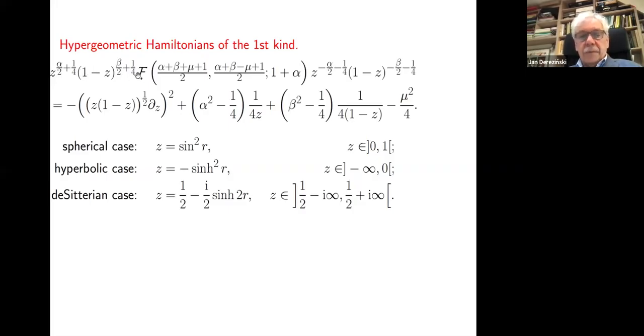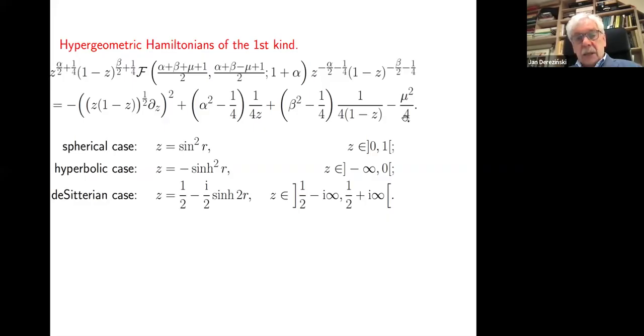Here, again, I'm putting some weights in front and after the hypergeometric operator, and then I obtain something in the Liouville form. So there is the square of the derivative times a weight plus a potential. Actually, the potential depends on two parameters, and then there is something which can be interpreted as the spectral parameter, which is mu squared over 4.